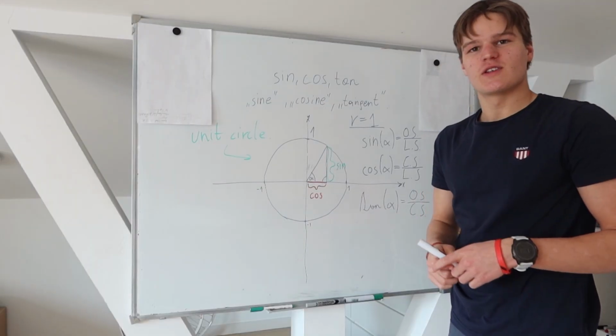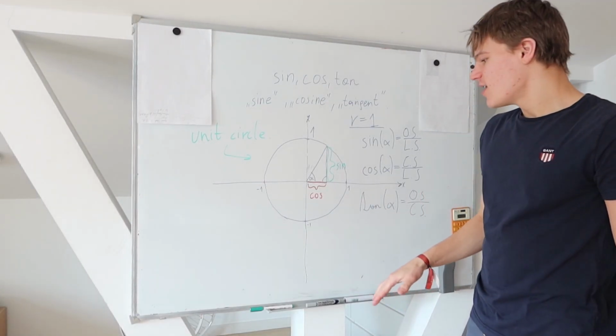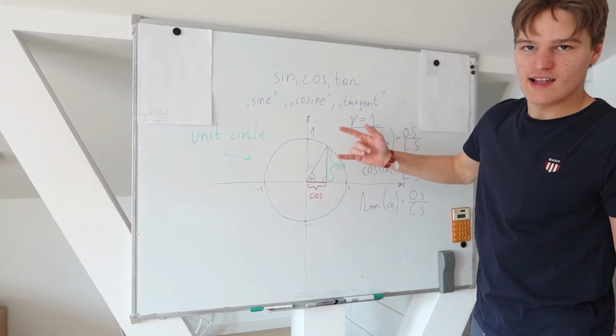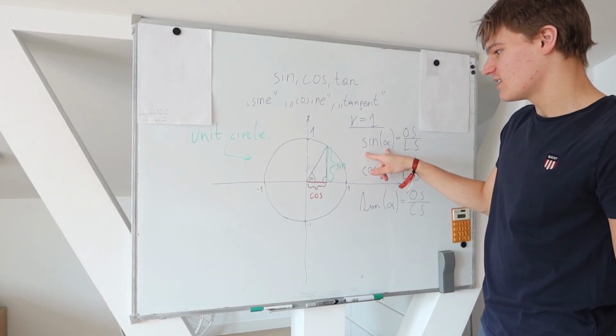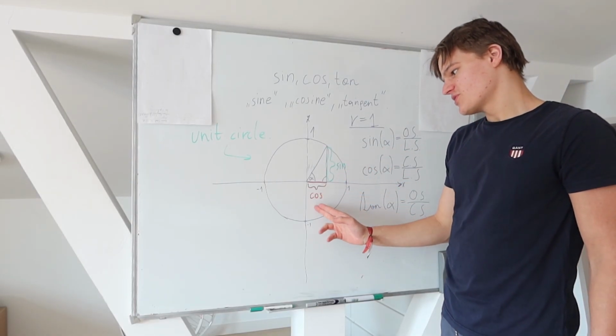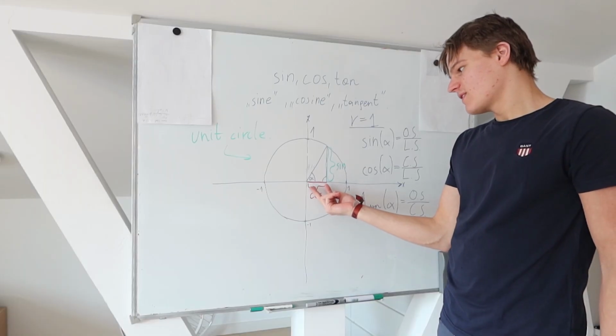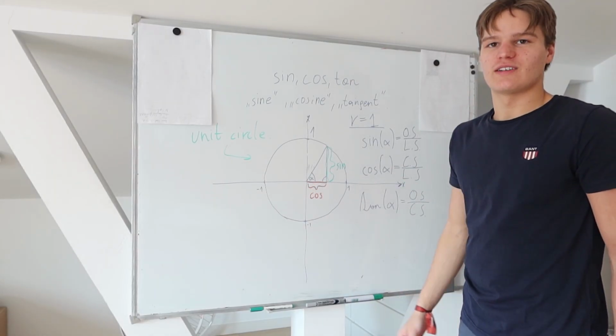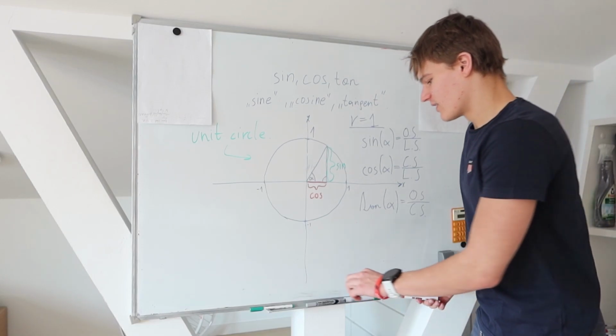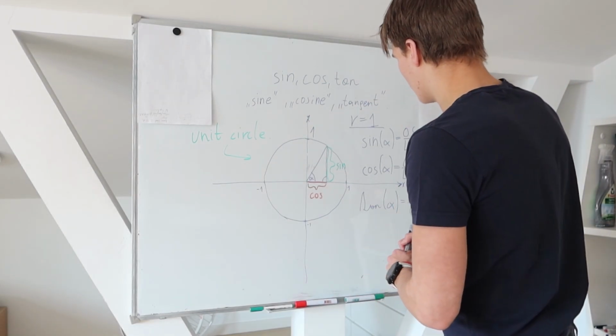And it's not just saying you have the sine here, cosine there, but the length of this line is the sine. That's what comes out when you type this in. And the same goes with the cosine. The length of this line basically is the cosine.